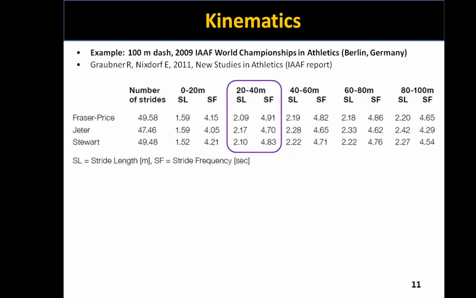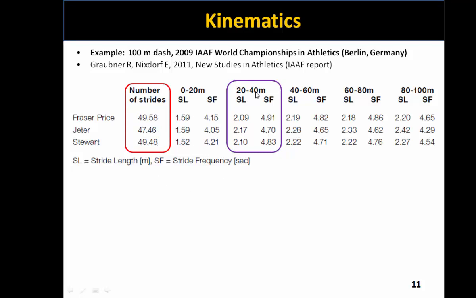These are data that describe these two variables in the top three finishers, the gold, silver, and bronze medalists, Fraser-Pryce, Jeter, and Stewart. If we focus first on the total number of strides taken by the top three finishers, here we see the gold medal winner, Shelly-Ann Fraser-Pryce, having the greatest number of strides compared to the silver and bronze medalists.